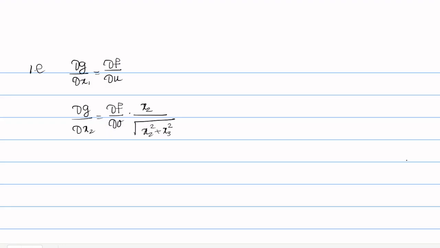Similarly, dou g by dou x3 is equal to dou f by dou v into x3 divided by square root of x2 square plus x3 square.